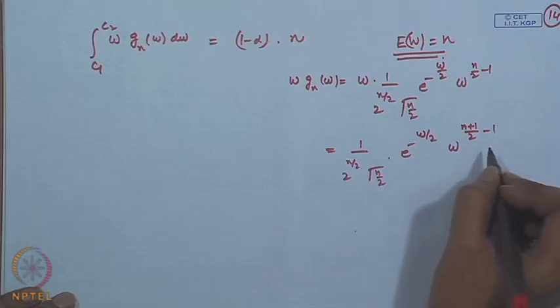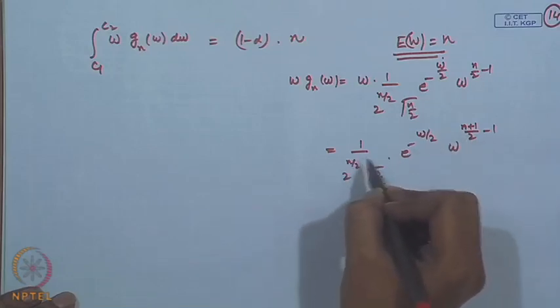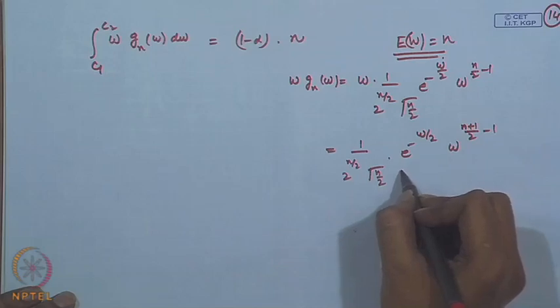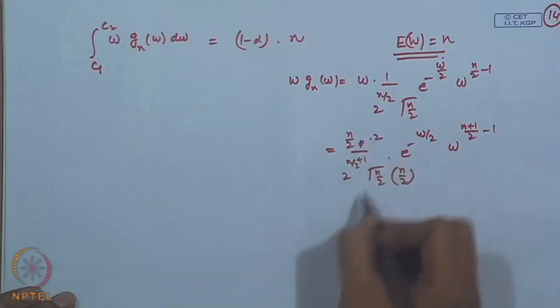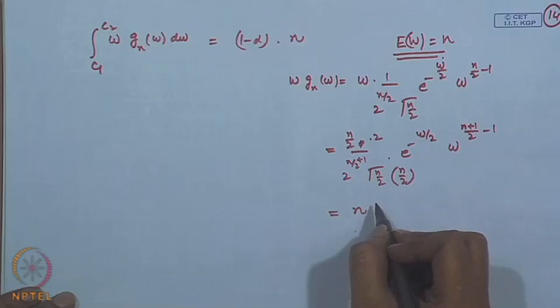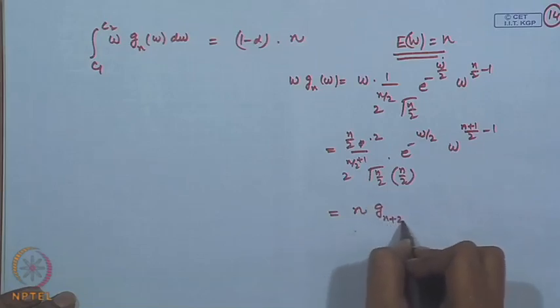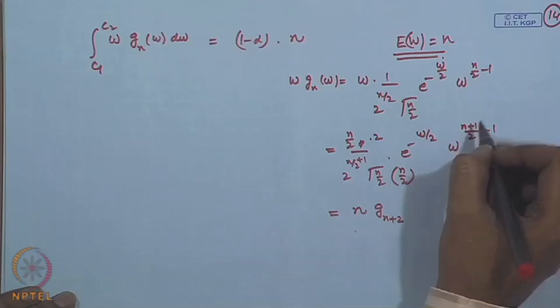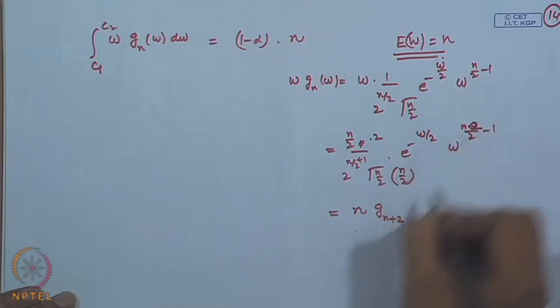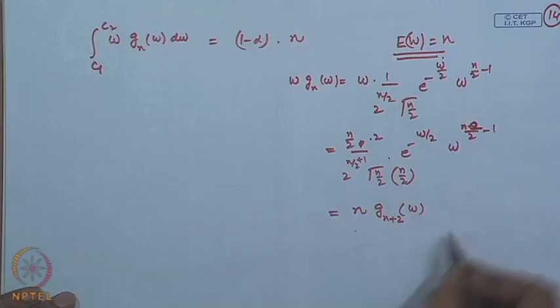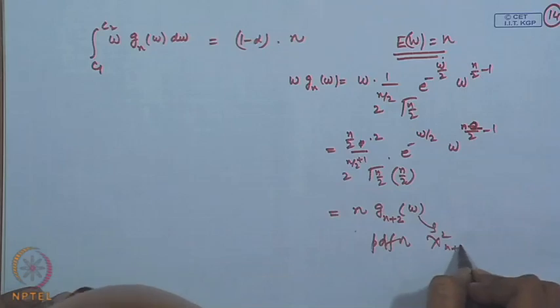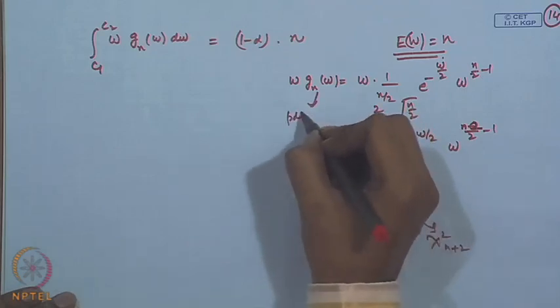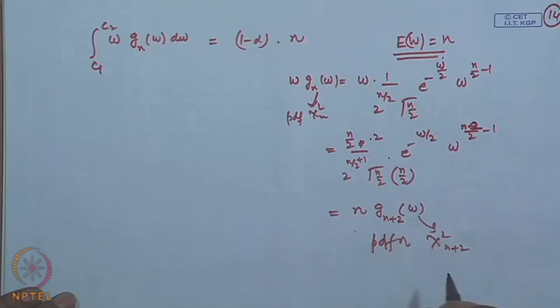If that is so, then here I add the coefficient, I write here gamma n by 2, and then n by 2 here, and then I add one power here and one power here. So, this is becoming n times g of n plus 2 rather than n plus. That means this is the PDF of chi square n plus 2. If this is the PDF of chi square n, then this is the PDF of chi square n plus 2.